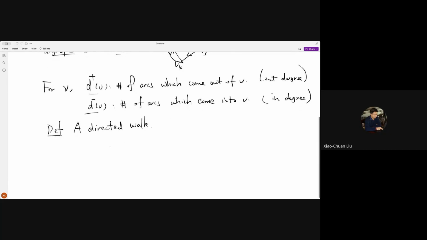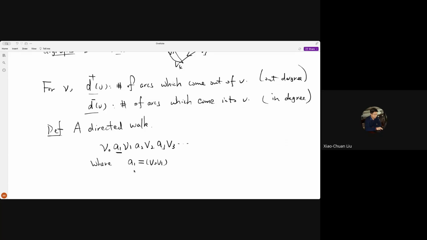is something like V0, A1, V1, A2, V2, and then A3, whatever, V3. So you can repeat, and so on. But you have a requirement that A1 is an arc from V0 to V1.